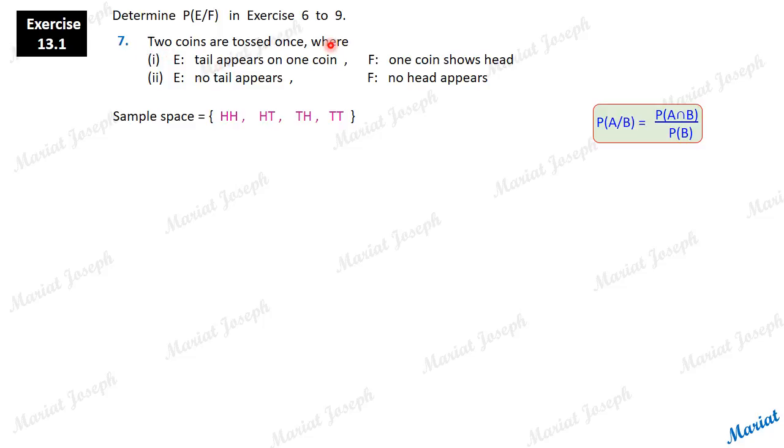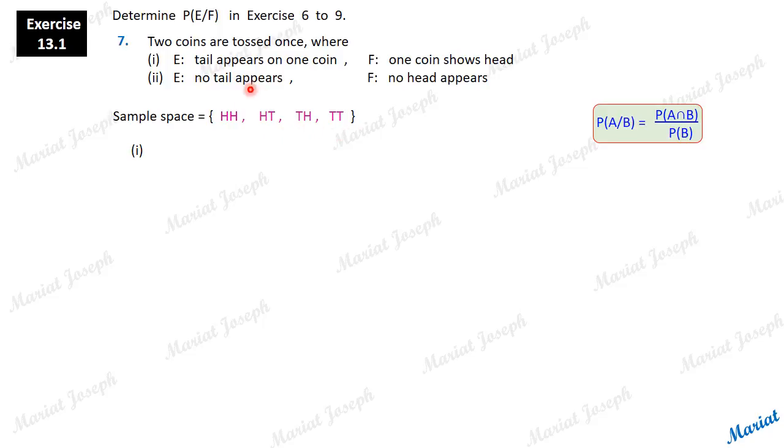Two coins are tossed once, where event E is that a tail appears on one coin, and F is that one coin shows head. First pair. Using this E and F, let's find the conditional probability of E given F. Since two coins are tossed once, the sample space consists of only 4 outcomes: head head, head tail, tail head, tail tail.